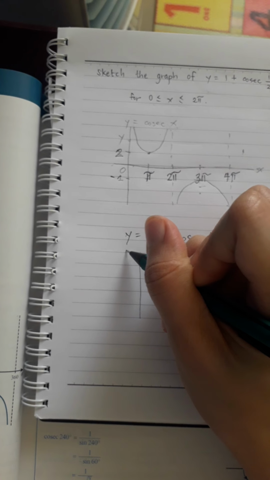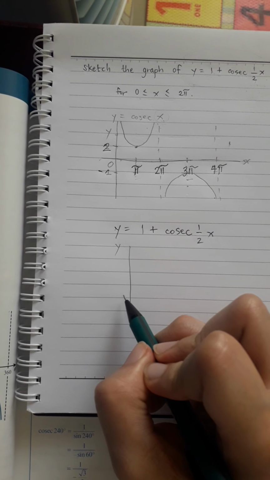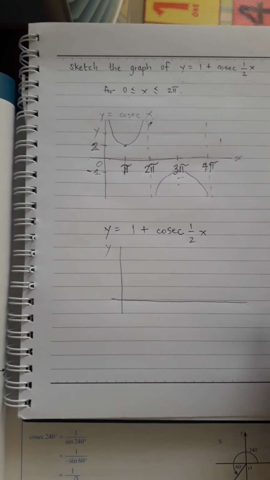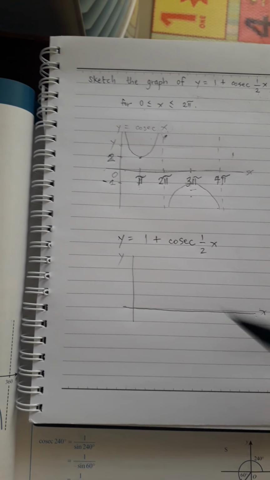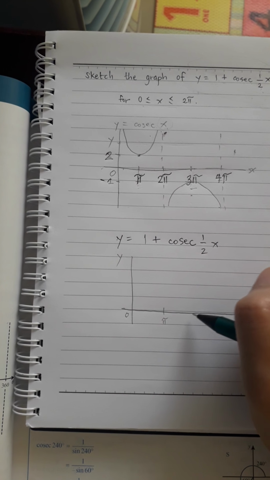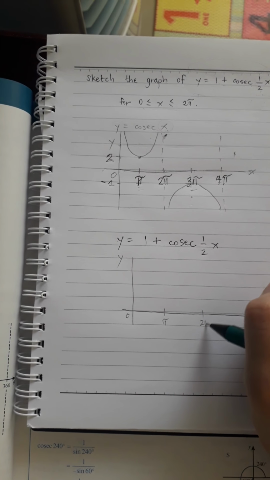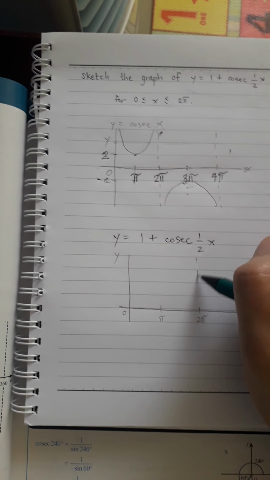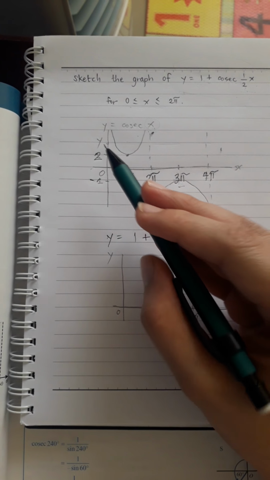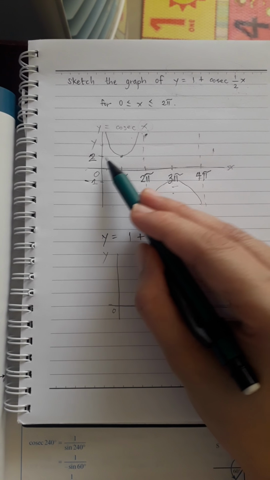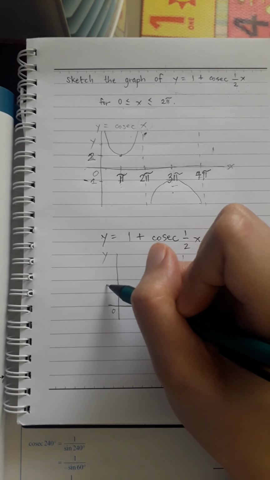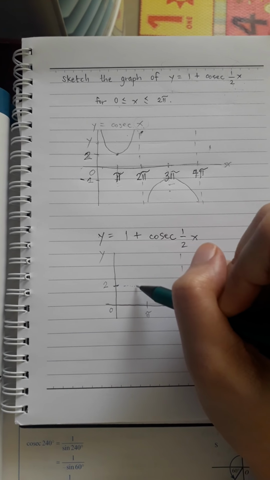okay, so y-axis. This is the x-axis. 0 to 2 pi. 0, pi, and 2 pi. And 2 pi is an asymptote. There you go. So this curve, the turning point will be at 2 on the y-axis, and that is at pi.